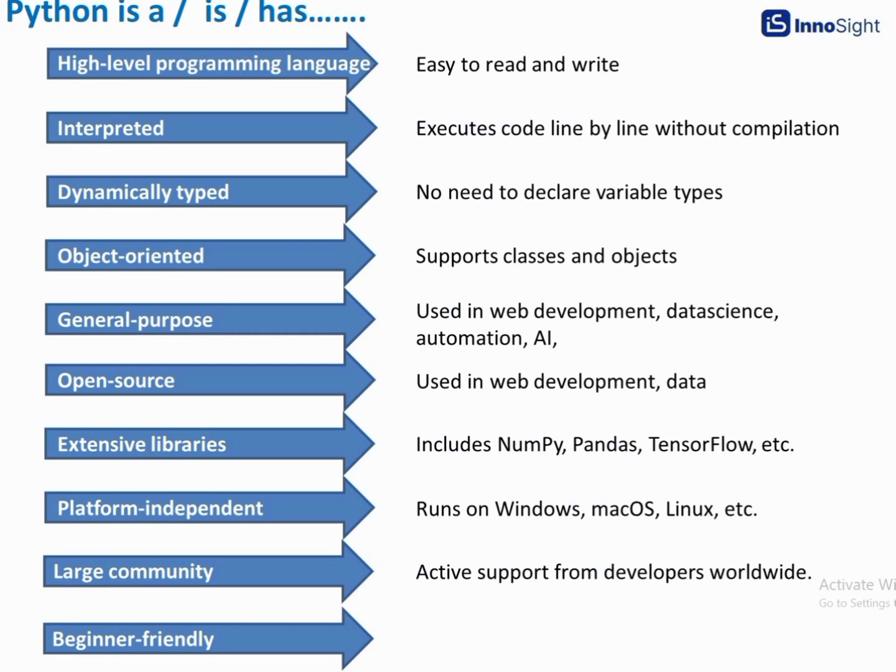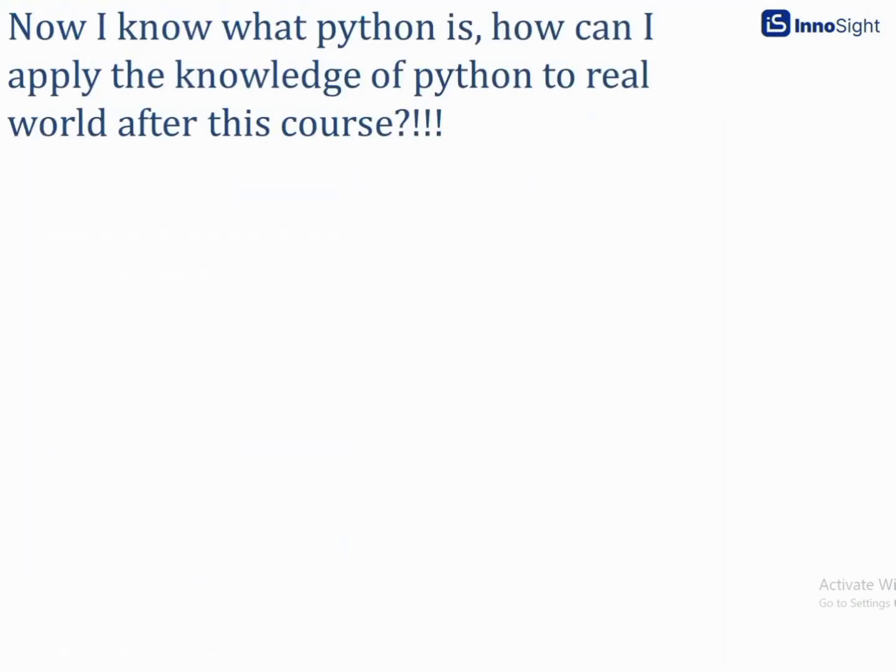And last but not least, Python is beginner friendly. Saying Python is beginner friendly means Python is easy for people that are just joining programming, because they can learn Python very easily.